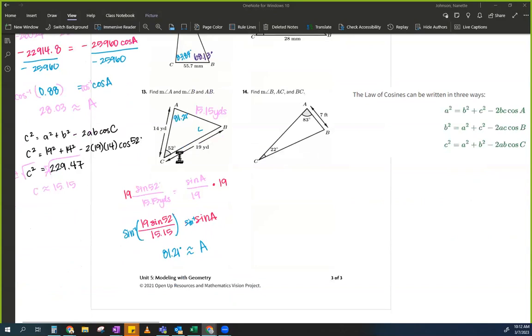So same thing goes here. I tried this one, and in my head I plugged in the law of sines, and I said sine of C over C. That doesn't have it. That's not my helper. Sine of A over A. That's not my helper because I didn't know this. Same thing with sine of B over B. So because I couldn't use law of sines, I jumped over to law of cosines. This one actually mattered which one I used.